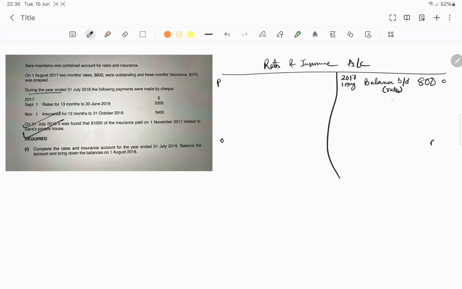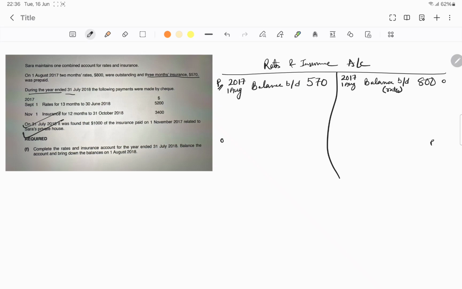Next, 3 months insurance of $570 was prepaid. So on 1 August 2017, we write down balance brought down, $570 for 3 months insurance.